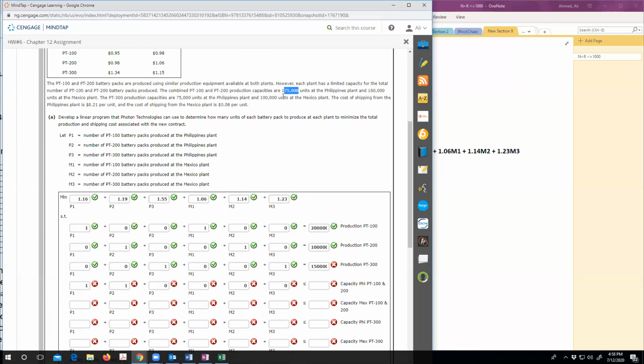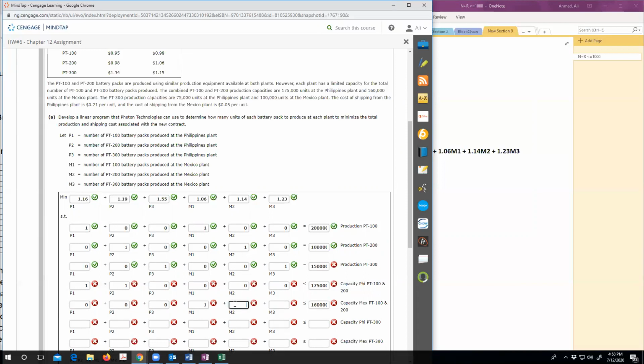At the Philippines it is 175,000. And for M1, in Mexico, the same product, we can make up to 160,000.